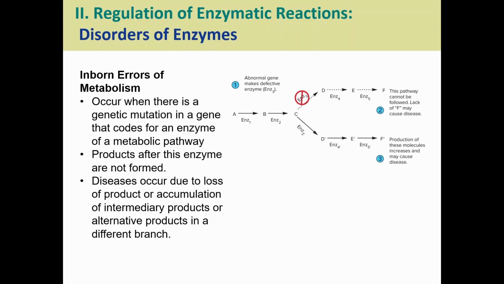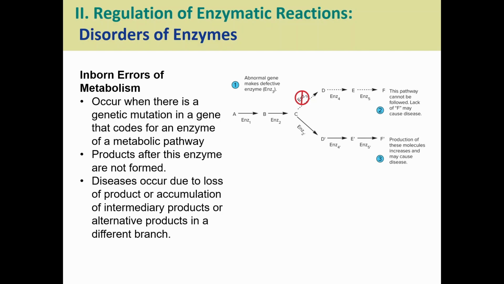Now, what happens when you have an error of metabolism? Usually we're looking at some sort of genetic mutation, some sort of congenital disorder where a gene that codes for an enzyme is affected. There is a mutation in the genetic code for that enzyme, and so the enzyme is different. It's non-functional. It's defective.